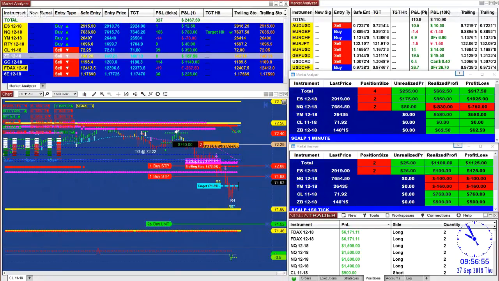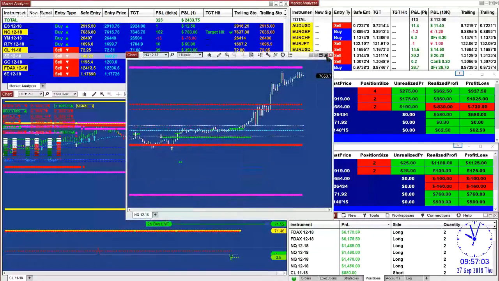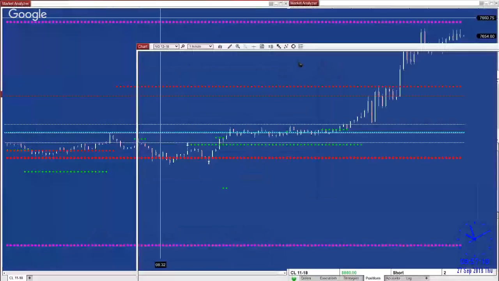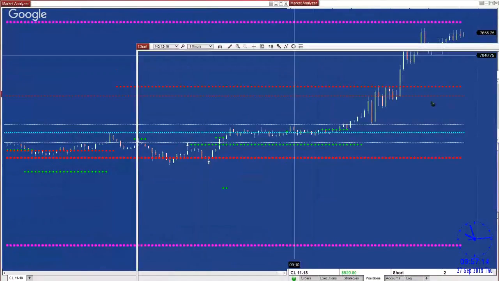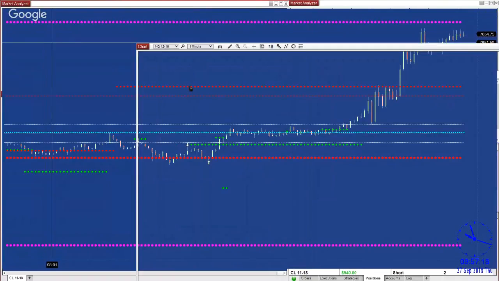So let me show you how I examine the market. I usually take a clean chart like this one here, and I don't even color the chart.